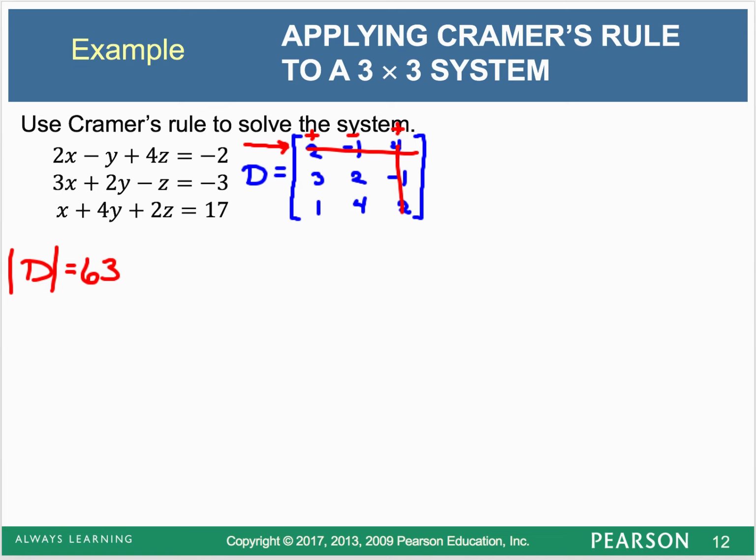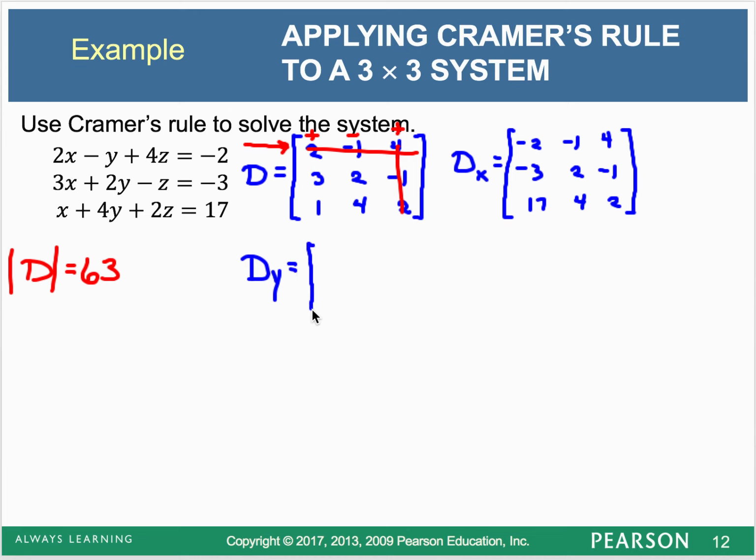So now I'll just go back and make the rest of my matrices. D sub x, I'm going to replace the x column with the solution, negative 2, negative 3, 17. Y's will remain negative 1, 2, 4. Z's will be 4, negative 1, 2. Now let's find D sub y. X's will remain 2, 3, 1.